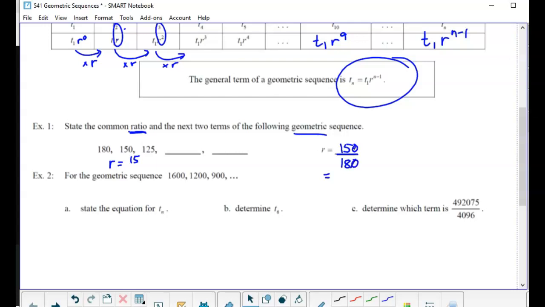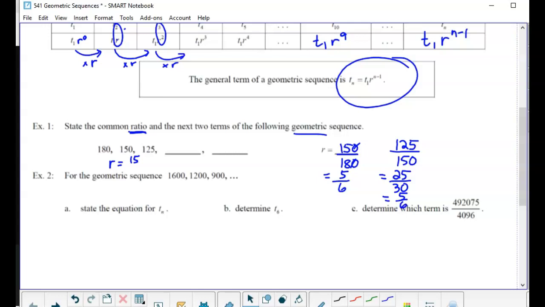Well, the zeros divide out. 3 goes into 15 5 times, into 18 6 times. Or you could go term 3 over term 2. And then 5 goes into that, 25 over 30, which reduces to 5 over 6.